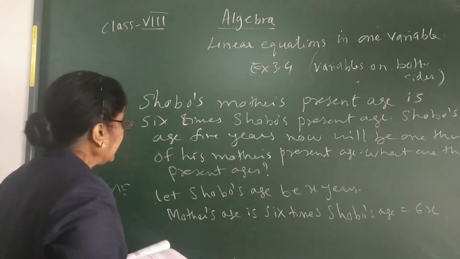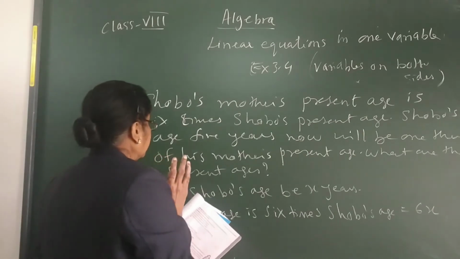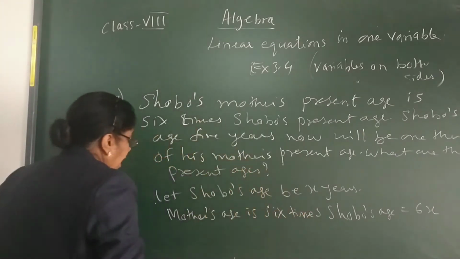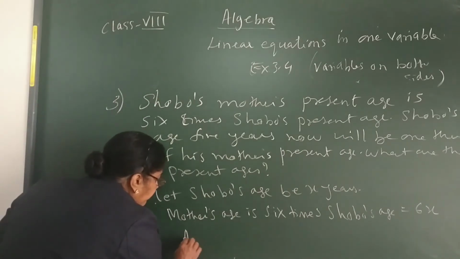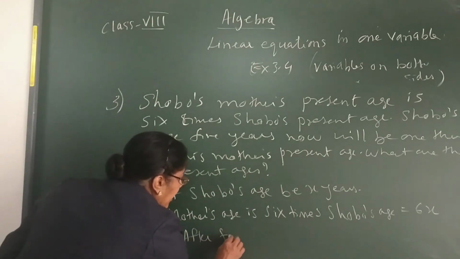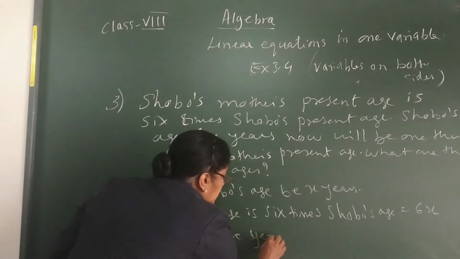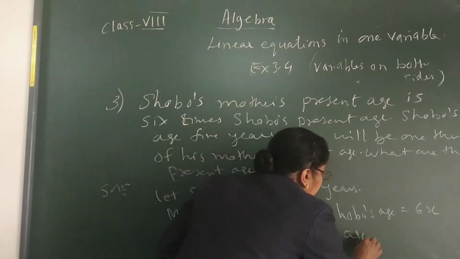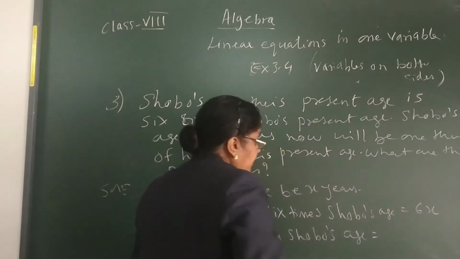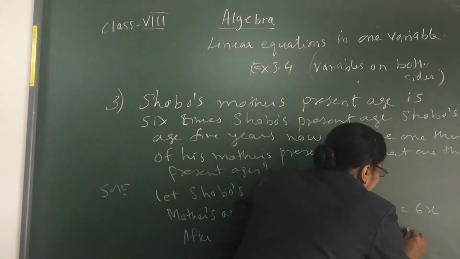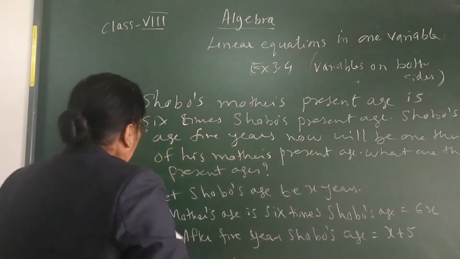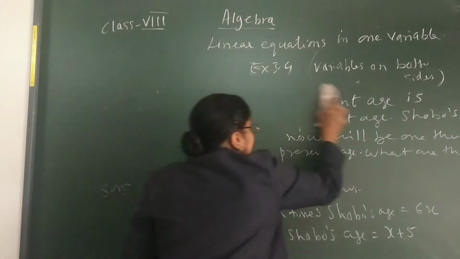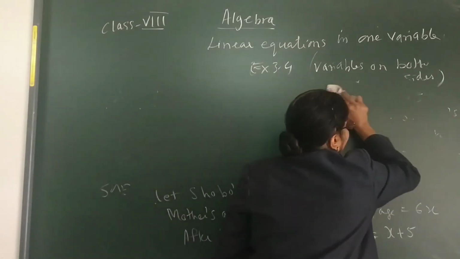Now what is done? 5 years. Shobo's age after 5 years will be equal to x plus 5. And mother's age is given. Mother's age will be 1/3 of the present age of the mother.